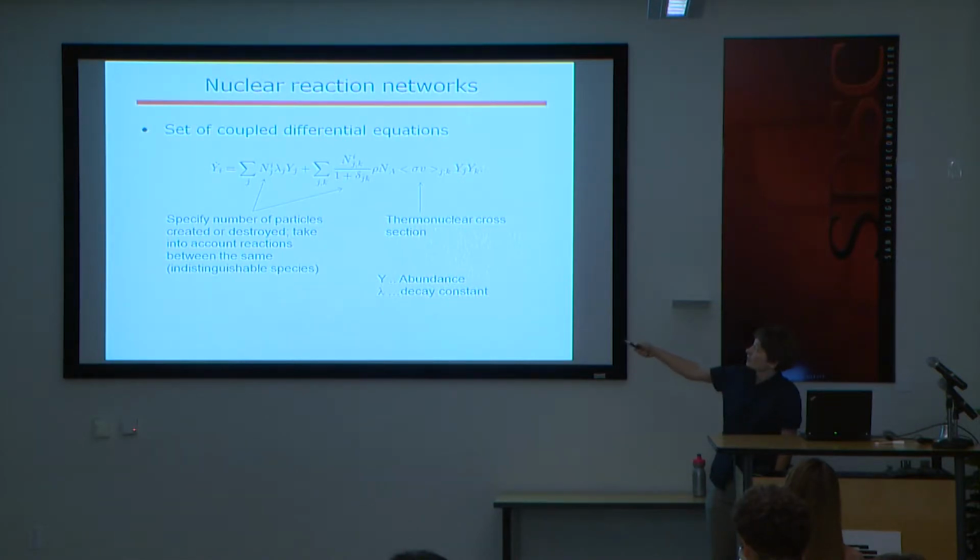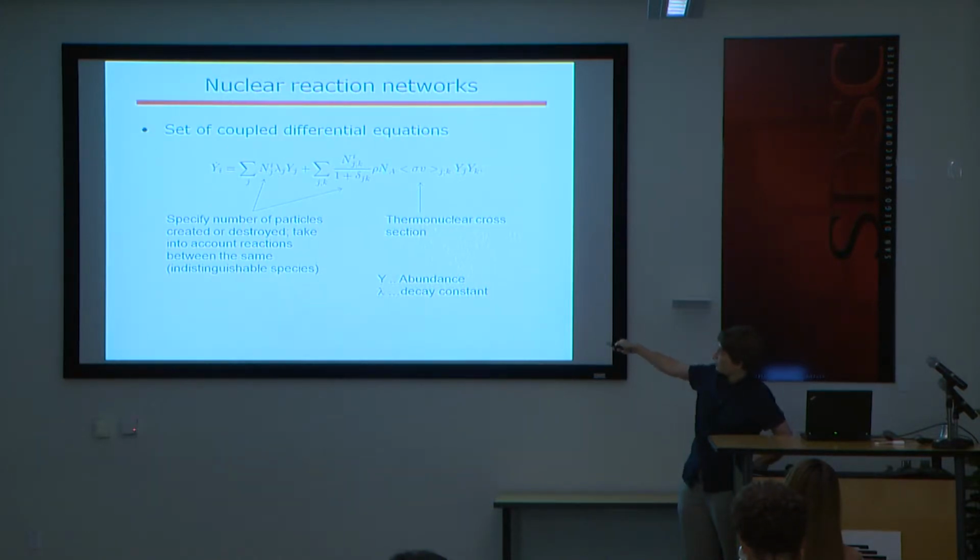All right, so with that question, let me point out that this is where implicitly the conditions in your astrophysical scenario go into this equation. So say if you want to calculate nucleosynthesis in a core collapse supernova, your temperature and density evolve as a function of time. So that will go into this differential equation.